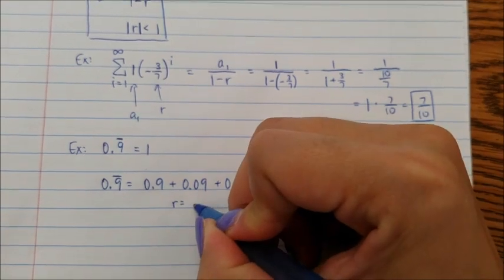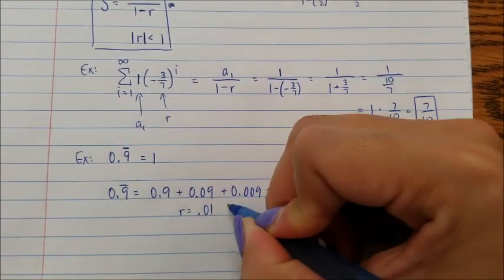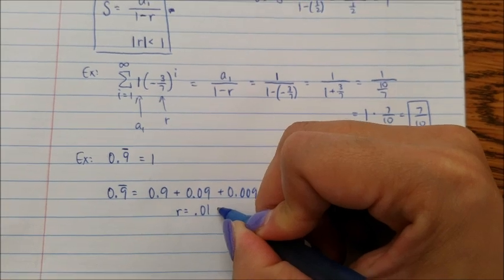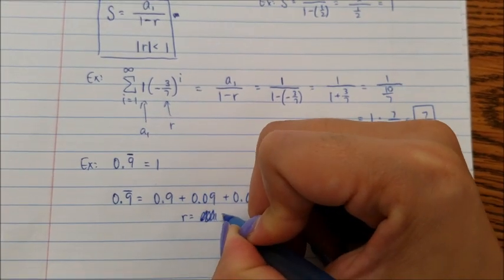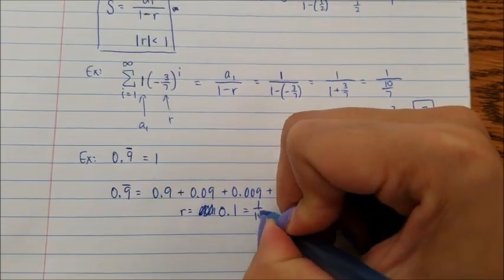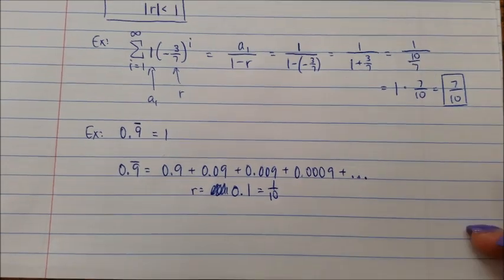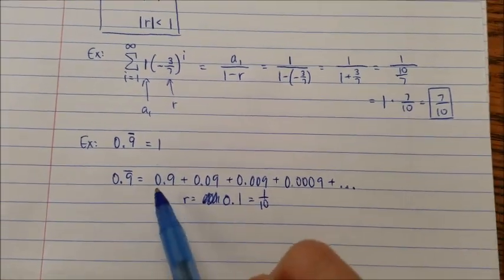Here, R equals 0.1, or if you want to think about it as you're dividing by 10 each time. And this is going on forever. A1 is 0.9.